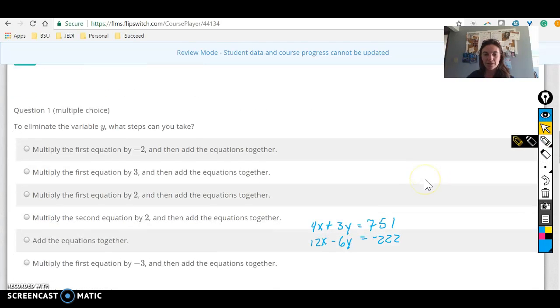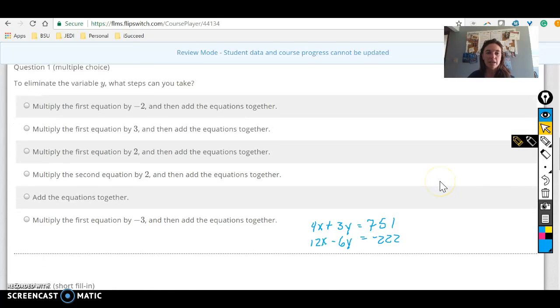Okay, so let's scroll down, and it says to eliminate the variable y, what steps can you take? So basically, I want to find some way to add these equations together to get rid of y. In the bottom equation, I've got a negative 6y, and in the top equation, I've got a positive 3y.